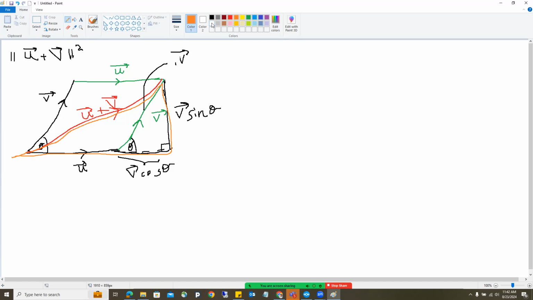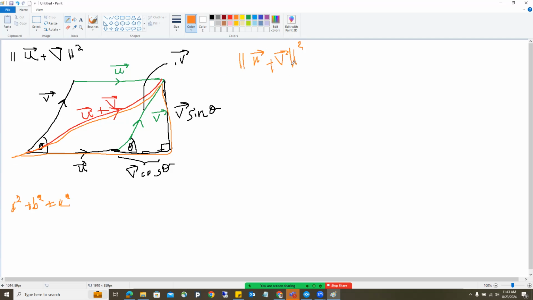Now see, the Pythagoras theorem says a squared plus b squared is equal to c squared, where c is the hypotenuse.